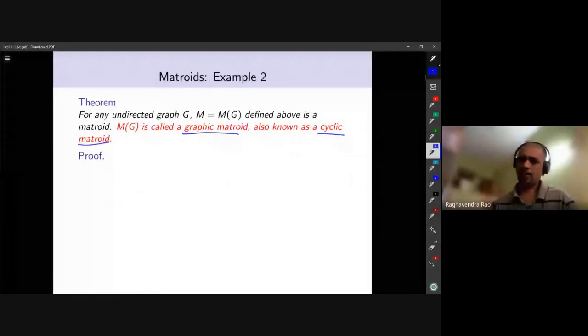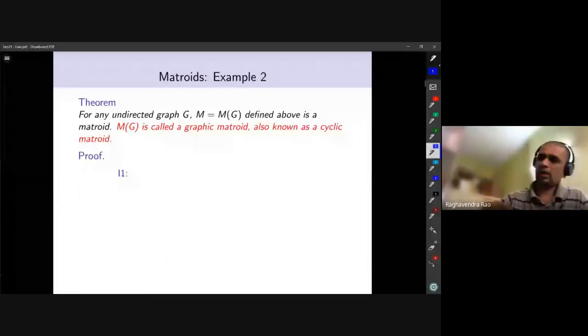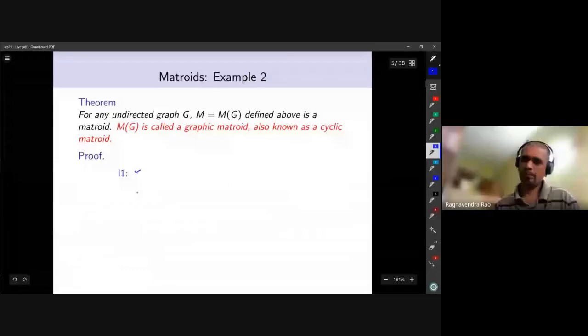Let's verify I1. I1 basically says the empty set should be independent, which by definition it is. You are looking at subsets of edges which do not contain a cycle. The empty set certainly does not contain one, so the empty set is independent and I1 is true.